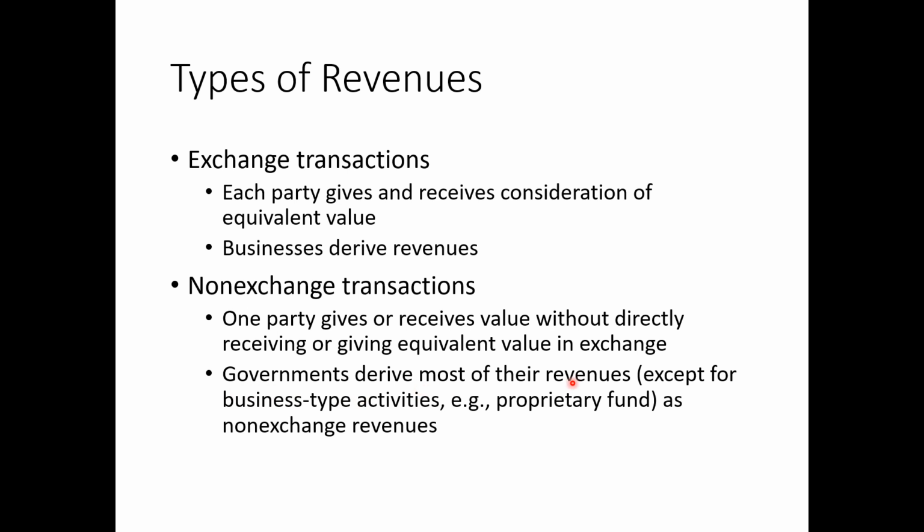Governments derive most of their revenues as non-exchange revenues, but governments also have exchange transactions because they also have business-type activities, most of which are recorded in proprietary funds. So for now, for the general fund, we will focus on the non-exchange transaction revenues.